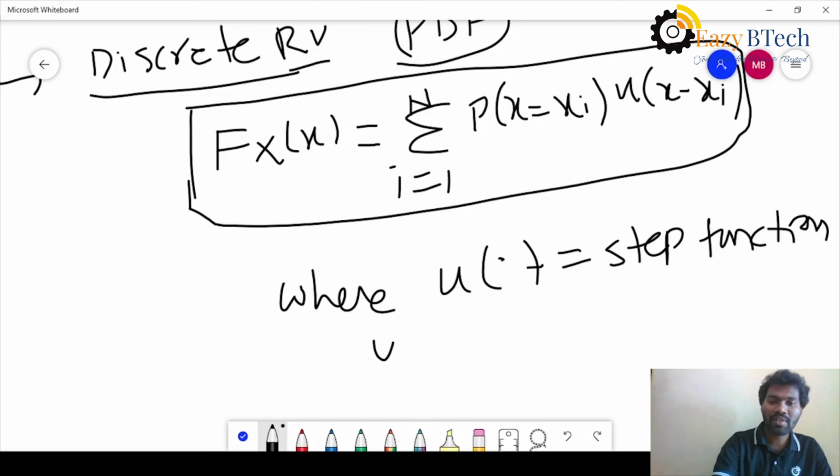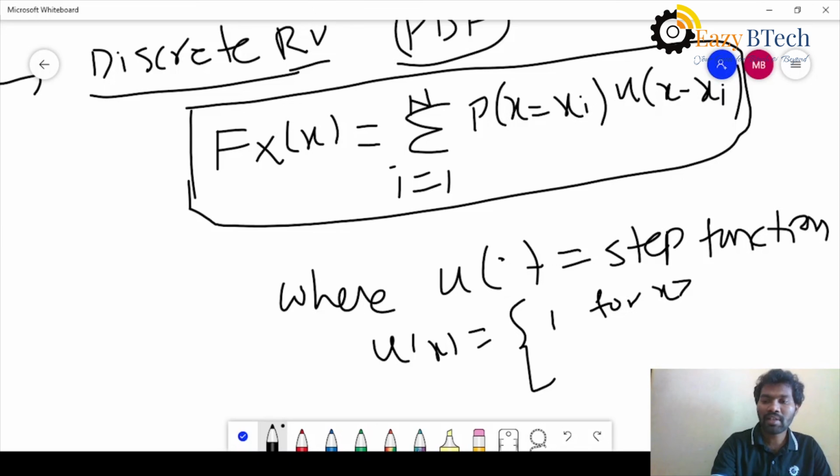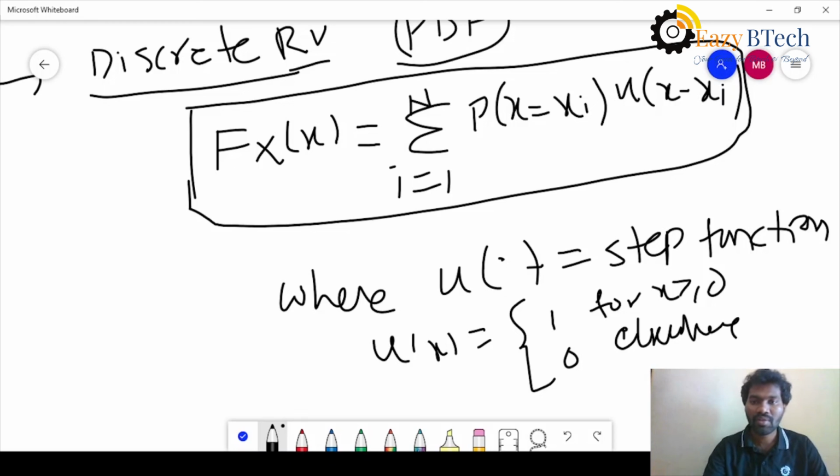The definition of the step function we already know: u of x equals 1 for x greater than or equal to 0, and 0 elsewhere. So this is the definition of the probability distribution function for a discrete random variable.